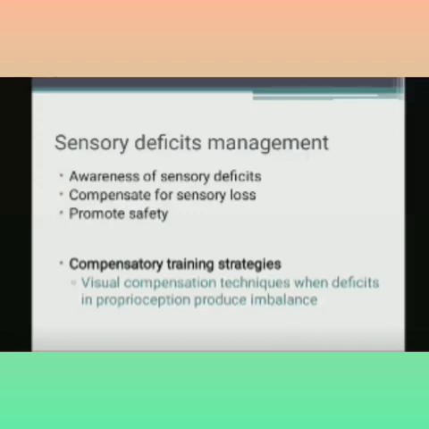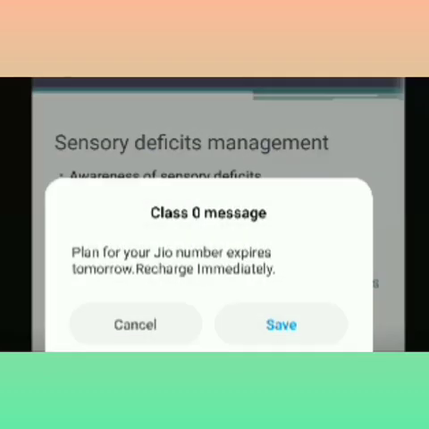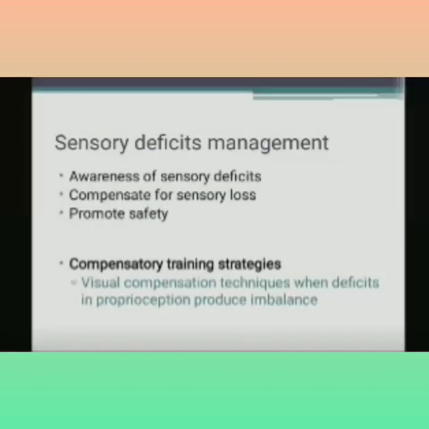They can compensate for that by visual over-concentration. That means whenever they are doing some function, they maintain constant visual observation while doing the activities. So they will have less chance of falls or imbalance.